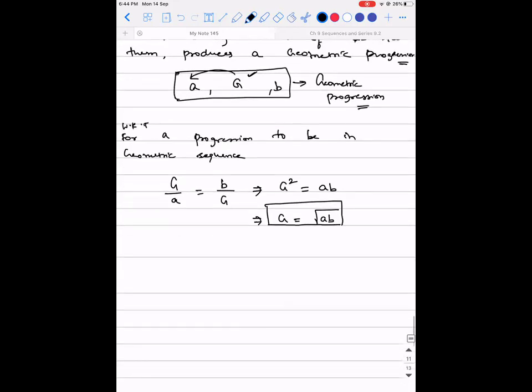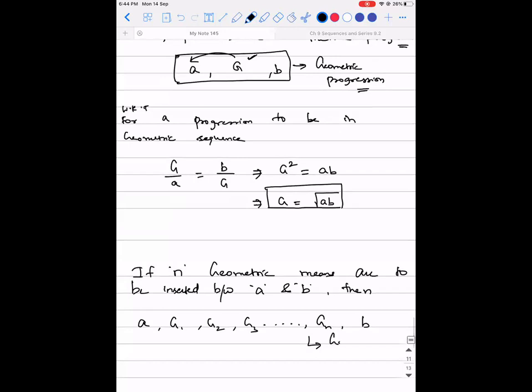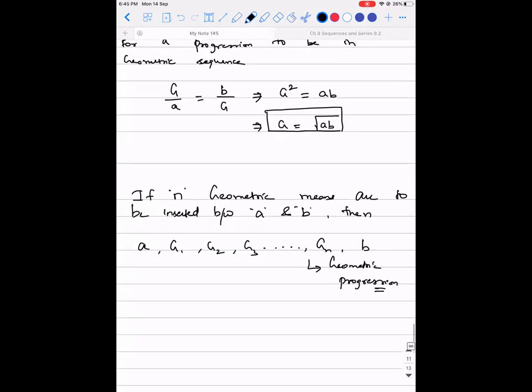In a similar way, if n geometric means are to be inserted between A and B, then A, G1, G2, G3, and so on till Gn and B will become what sequence? Geometric progression, right?